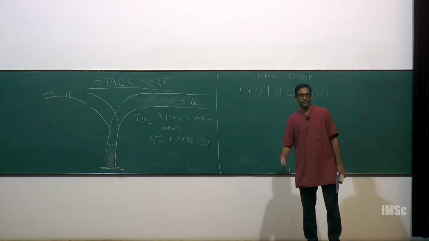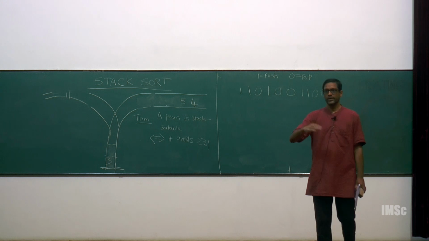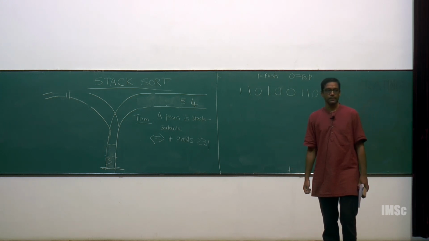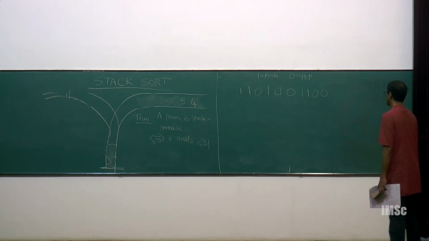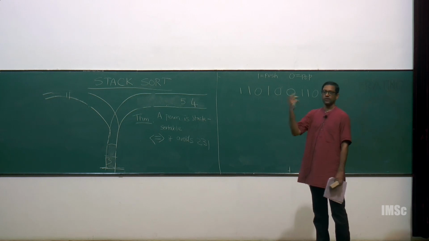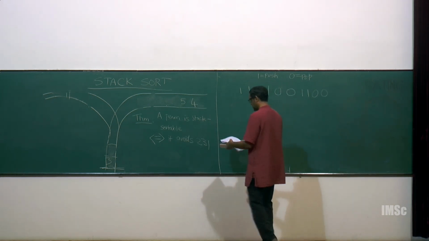Is that okay? So all we did here is to encode the operation of the machine, what it was doing at every step. Okay? Now, if I give you this, then you can also figure out what the original thing looked like.